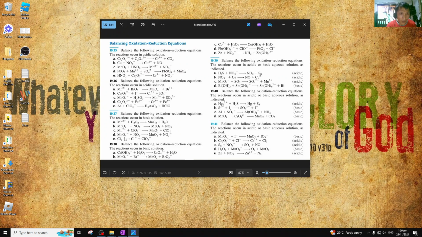At the bottom, you have your permanganate and your nitrogen dioxide reacting, producing MnO2 and NO3.